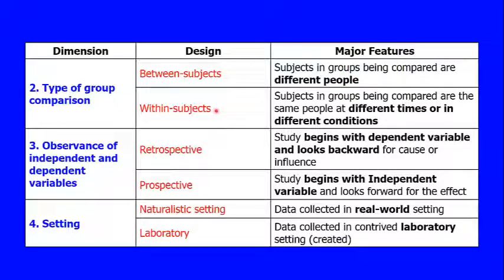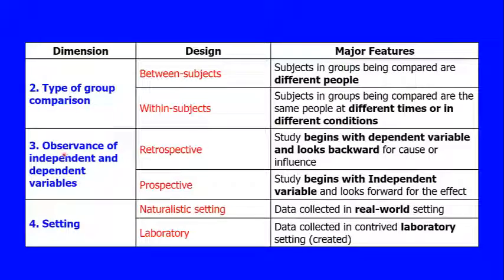Within the subject, the groups being compared are the same people at different times or different conditions, like what we have seen in the longitudinal, and between subjects is like what we have seen in the cross-sectional. So different groups here, and here it is the same group at different times.